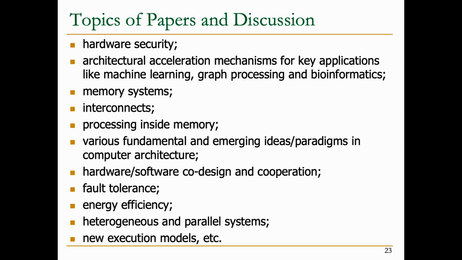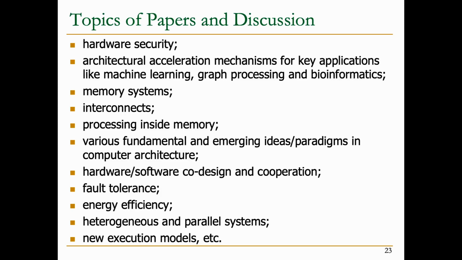We try our best to cover a wide range of topics in computer architecture, starting from hardware security, architectural acceleration for specific applications such as bioinformatics, and we have 2 papers for that, both authored by our research group. We have many more about memory systems, interconnects, processing inside memory, and various fundamental emerging ideas and paradigms in computer architecture, hardware-software co-design as well.